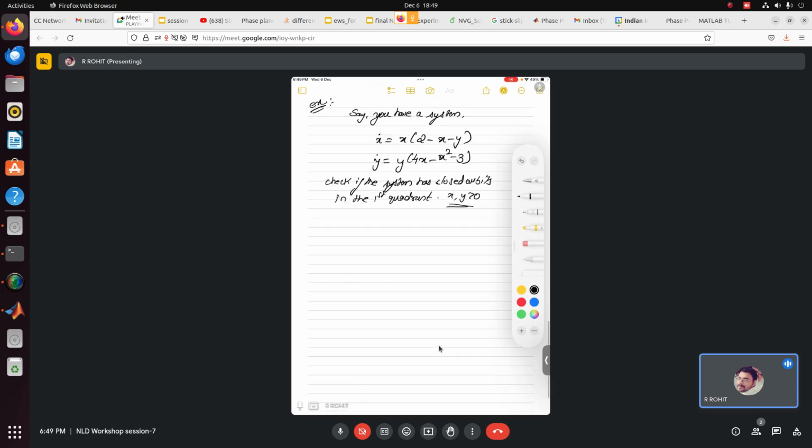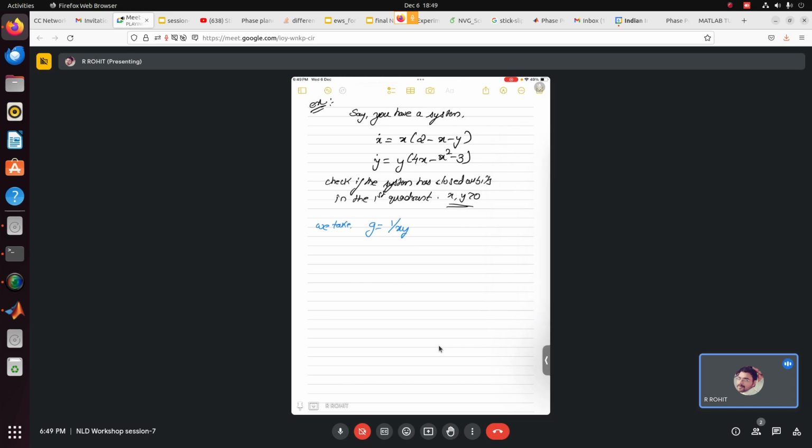So the reasonable solution is we take g as a function of xy.